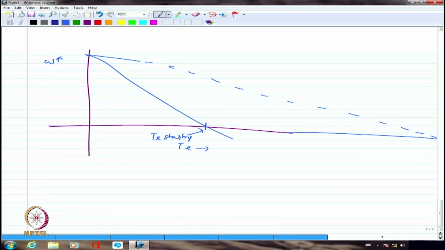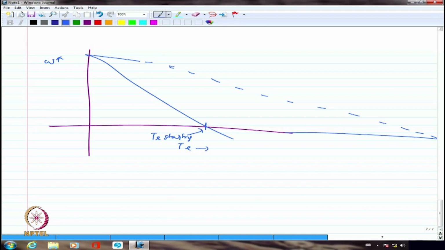If I assume that I have applied rated flux, the shaft will break for sure. So it is really dangerous to start a DC motor with full supply on without including any external resistance in the armature circuit. So normally I need to include a large resistance in the armature circuit.